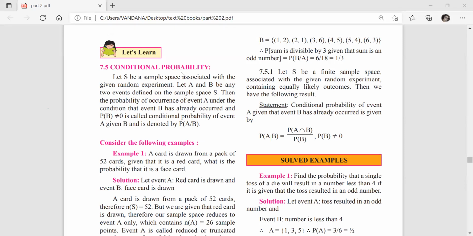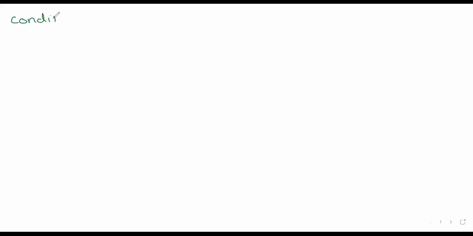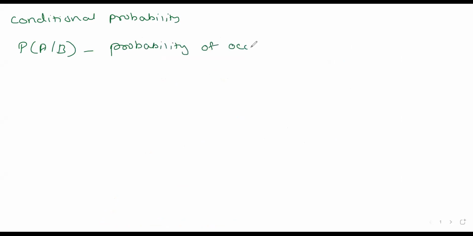Conditional probability is denoted as P of A by B. It means probability of occurrence of A when B has already occurred.